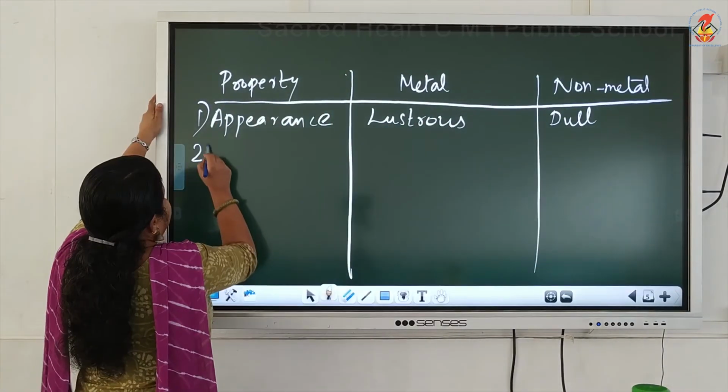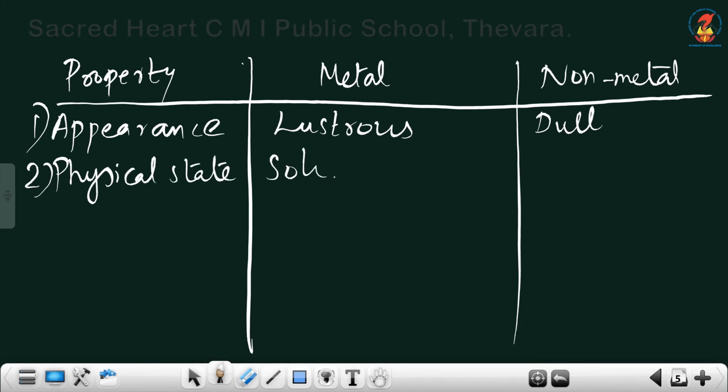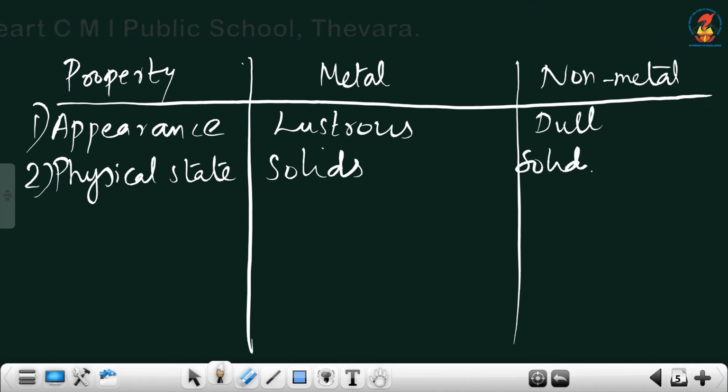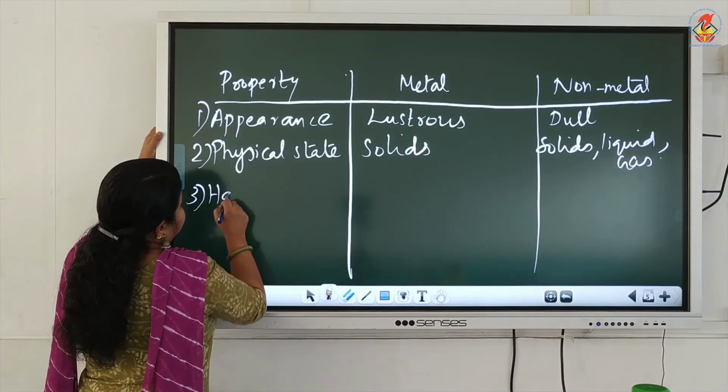Then, physical state. Metals are solids, non-metals can be solids, liquids and gases. They can exist in solid state, liquid state and in gaseous state. Third one is hardness.